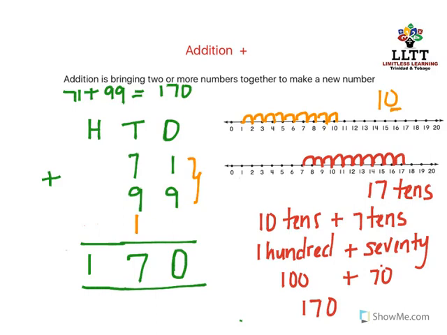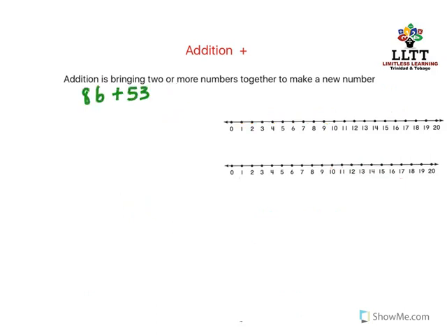So 71 plus 99 is 170. Let's do another example. We're adding 86 plus 53. Again, I put my tens, my ones. 86 has 8 tens and 6 ones. 53 has 5 tens and 3 ones.